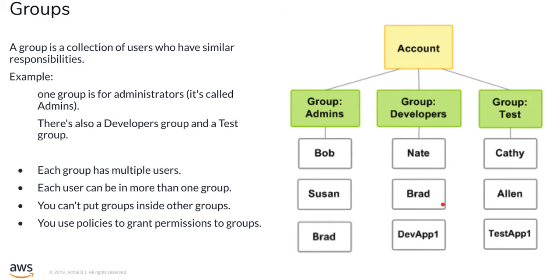Here is an example where there are an admin group, developer group, and test group. You put all the users whom you want under these groups, and they can be part of two groups as well. One user can be part of two groups. Here, if you can see, Brad is part of both the admin and developer groups. So a user can be part of two different groups and have two different sets of permissions to access the resources.